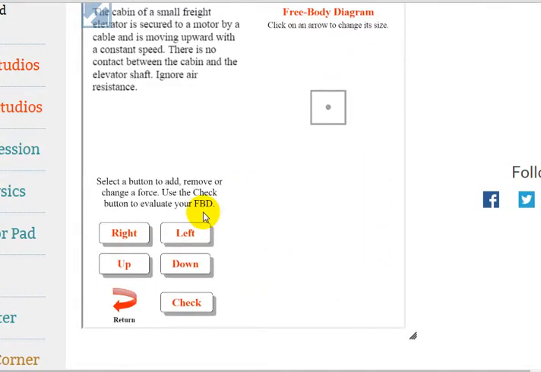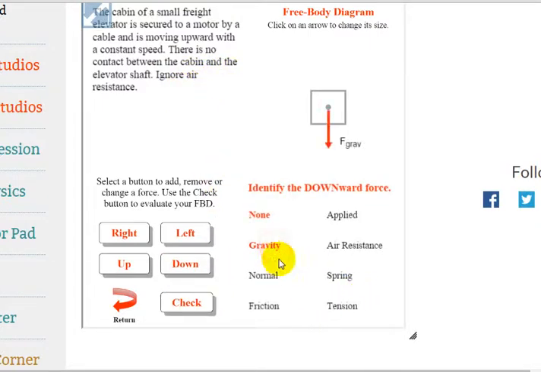Situation 5, let's see. The cabin of a small freight elevator is secured by a motor cable and is moving upward with constant speed. There's no contact between the cabin and the elevator shaft. Ignore air resistance. Well, of course we have gravity. And we're not concerned about the guy in the elevator, it's just simply the elevator itself. So there is an upward movement, and it's attached to a spring of some kind.